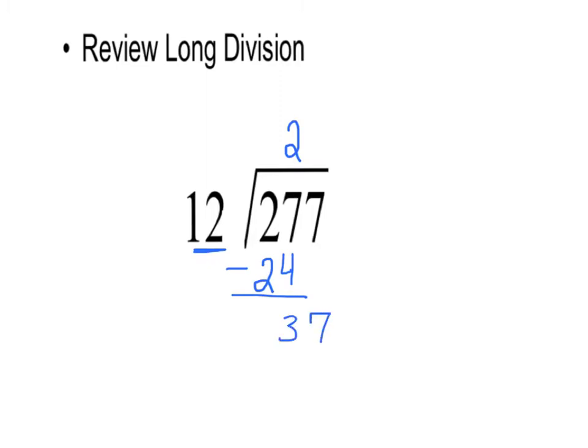After bringing down the 7, then you ask yourself, how many times will 12 go into 36? Or you could say 12 times what is 36? What's the closest? Well, it's going to be 3. So we're going to put 3 right there. 3 times 12 is 36, leaving us with 1. And then if you wrote it as a fraction, it would be 1 over 12.